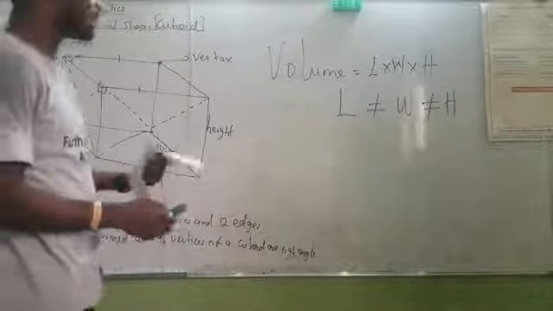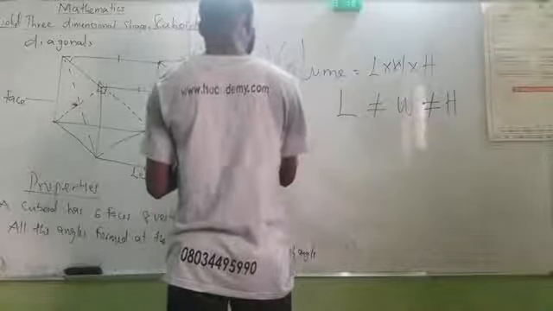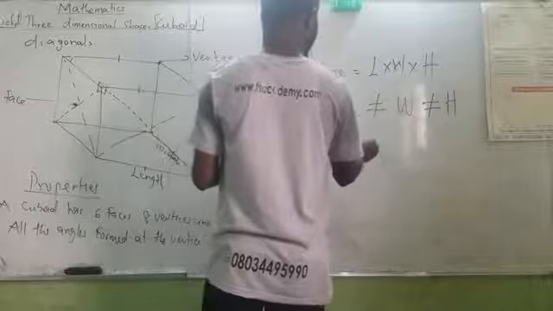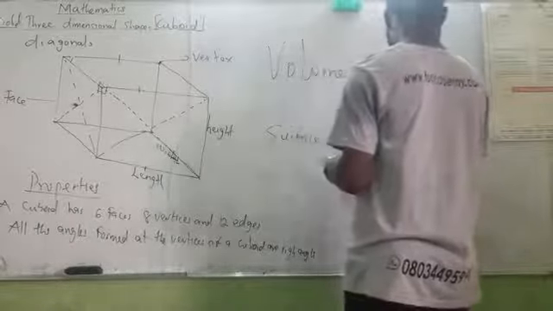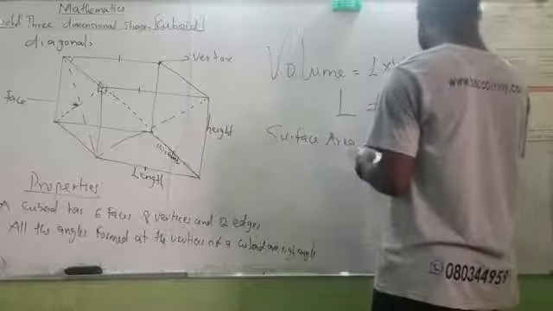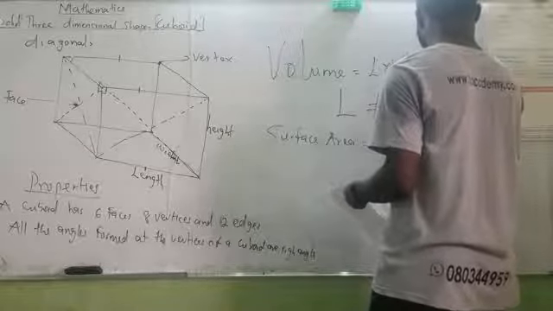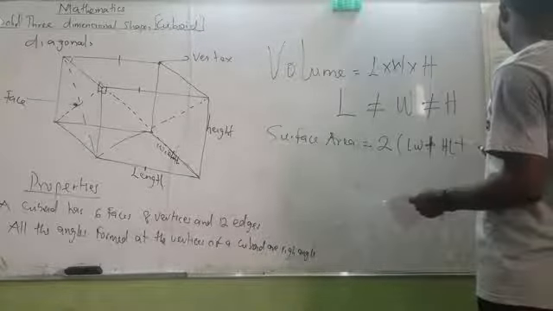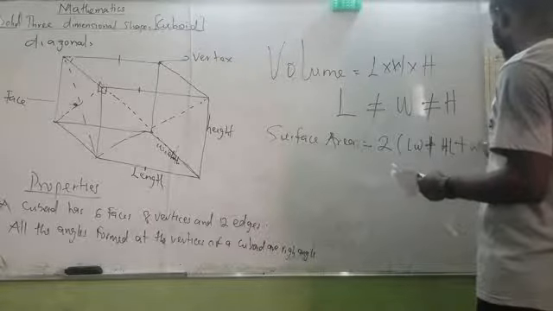They are not equal. But in the area of a cube, they are equal. Take note of that, and don't forget that my total surface area will be equal to 2 of length times width, plus width times height, plus length times height.